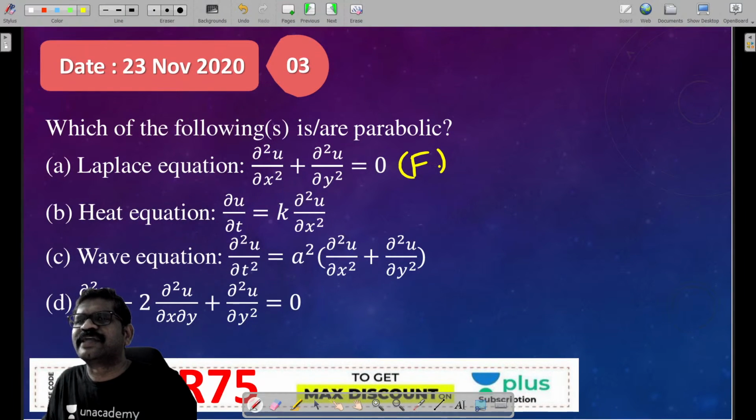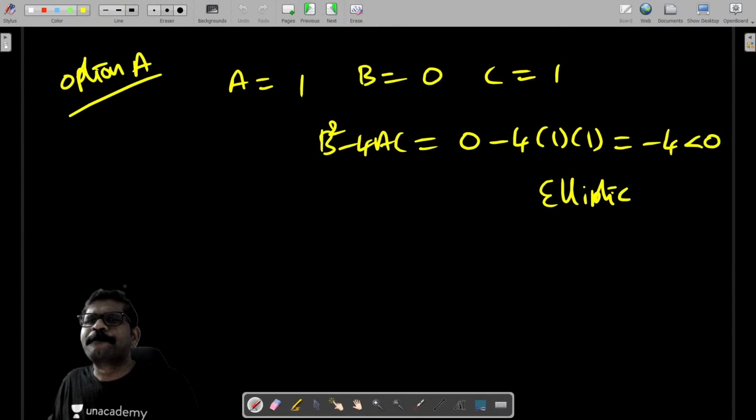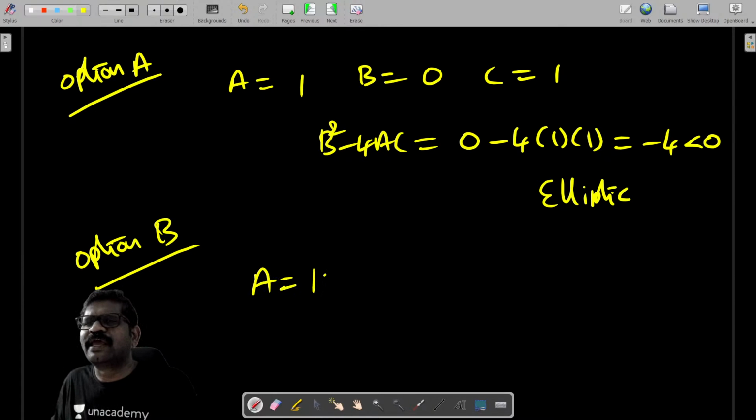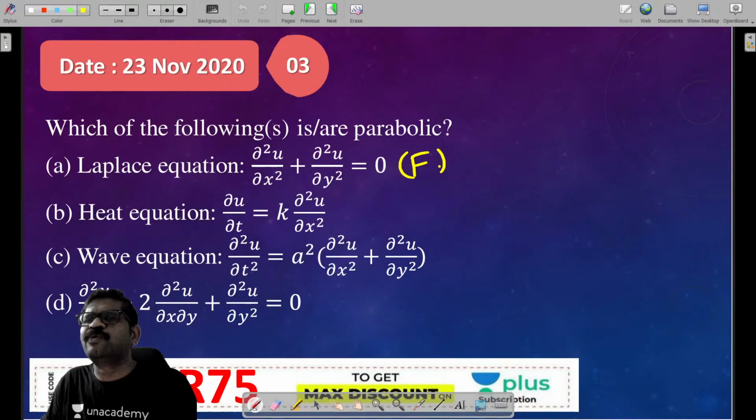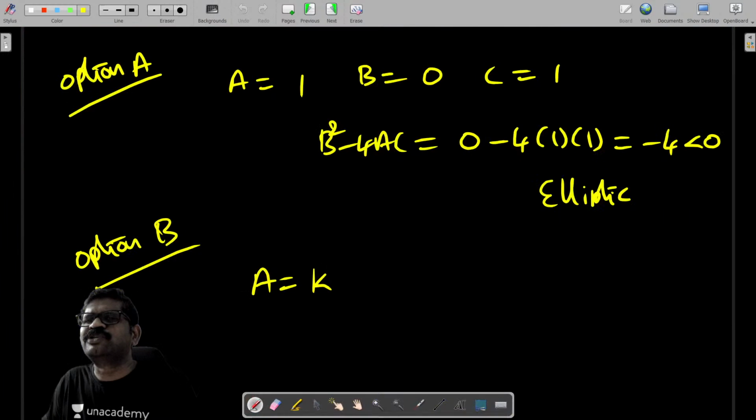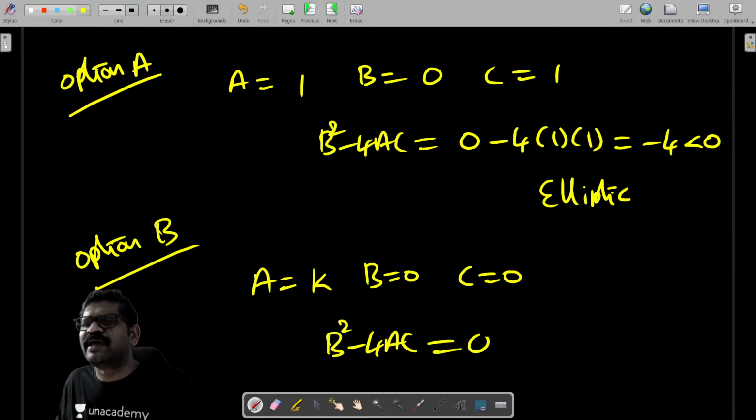False. Next, heat equation, option B. What is A value? K. A value K, B value 0, C value 0. Therefore, b square minus 4ac value 0, parabolic.